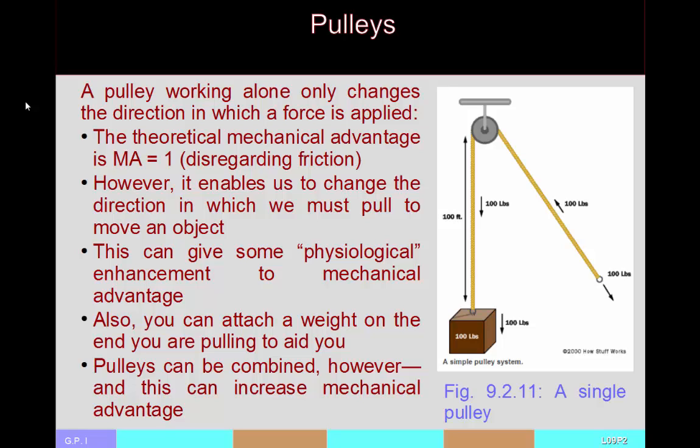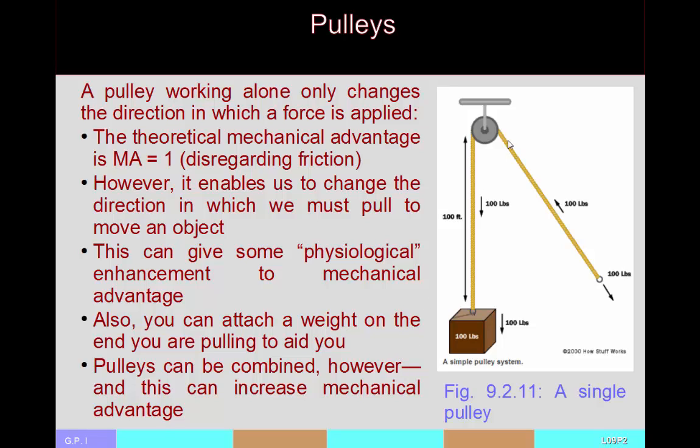However, we can use a pulley to change the direction in which we have to pull in order to move an object. So this sometimes gives us a physiological advantage instead of an actual mechanical advantage, because it may be easier to pull, for example, straight down or down at an angle in order to lift an object than to grip the object from below and lift it upwards.